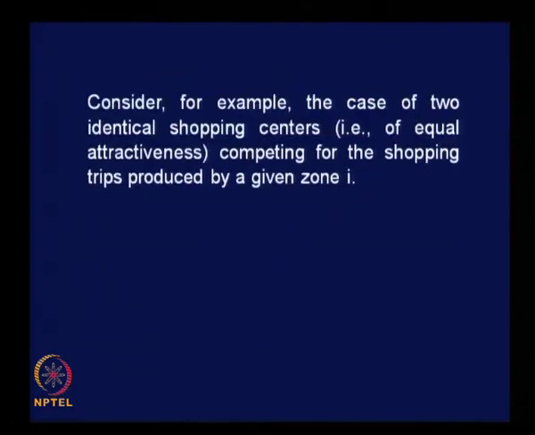Consider for example the case of two identical shopping centers of equal attractiveness, for example, competing for the shopping trips produced by a given zone I. There are two attraction zones with good shopping facility, both the zones are competing with one another to attract trips from zone I, right.